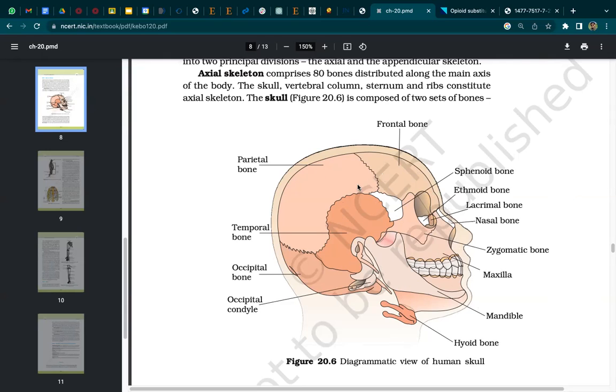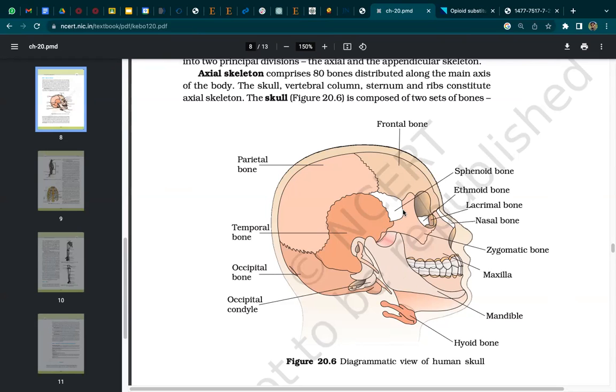Cranial bone means the bone of the head, the cranium, which contains the frontal bone, parietal bone, temporal bone, occipital bone, and this occipital condyle. And also the sphenoid bone. From there onwards, you see that there is a mandible, which is the lower jaw, and this is the only movable bone in the skull.